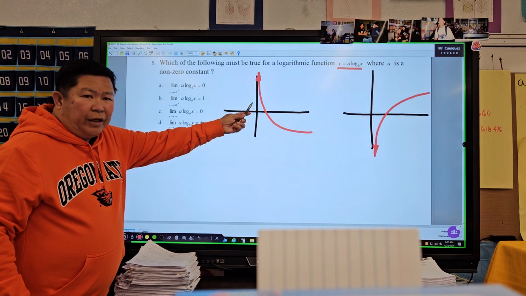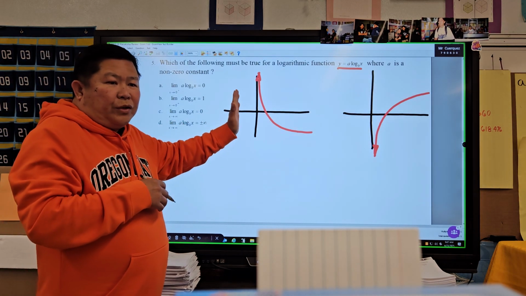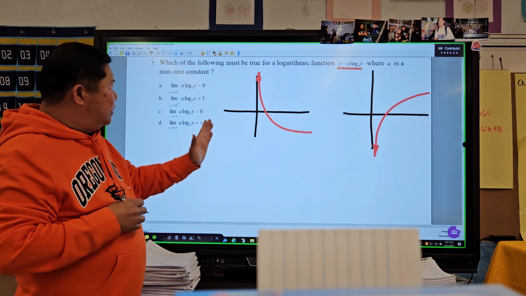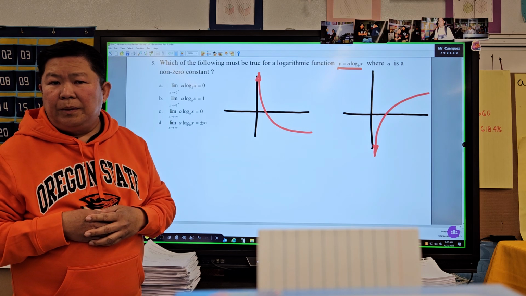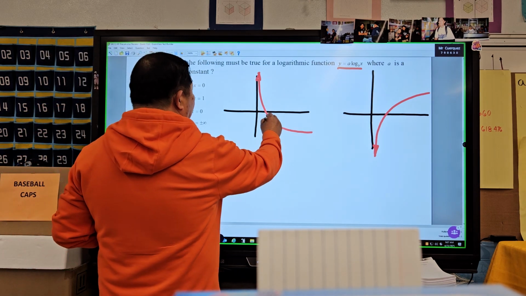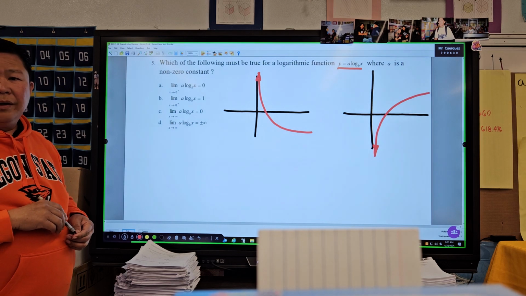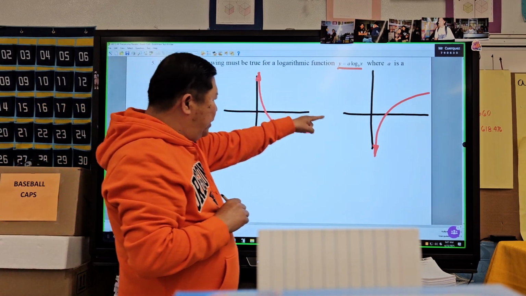Look at the graph. Is it equal to 0 as x approaches 0 from the right, because it's plus, right? Yes or no? Look at the behavior of the graph. Is it equal to 0? No.